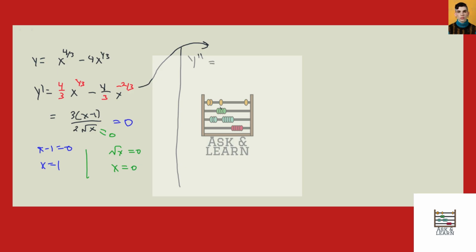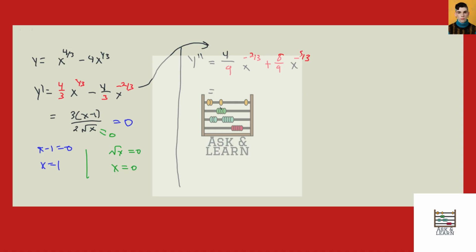We're going to end up with 4 over 9 x to the negative 2/3. And then those negatives will cancel out when I take the derivative of x to the negative 2/3. And that would give 8 over 9 x to the negative 5/3.